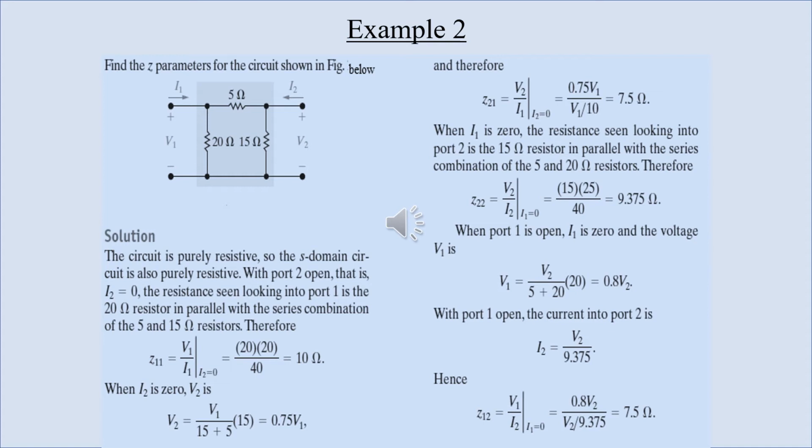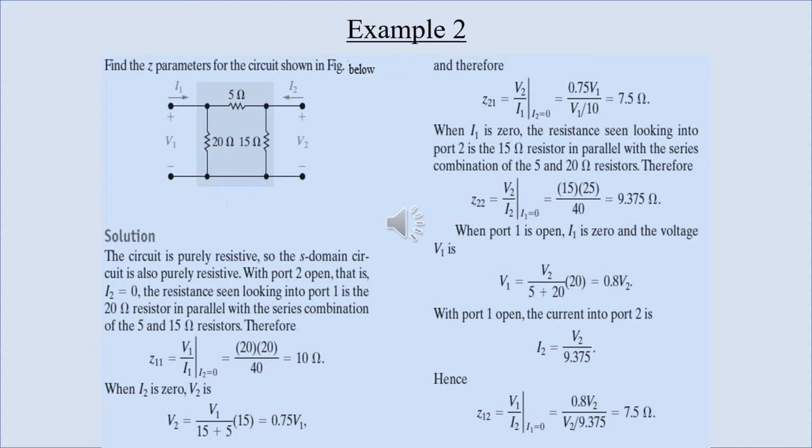From there also we can see that our V1 is the voltage drop across the 20 ohm resistor, and remember, the 20 ohm resistor is in series with the 5 ohm resistor now. So using the voltage divider principle, our V1 will be 20 over 20 plus 5, that's 25, multiplied by the total voltage in the circuit, which is V2. That is, we have 20 over 25 multiplied by our V2.